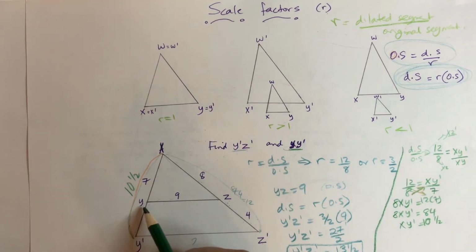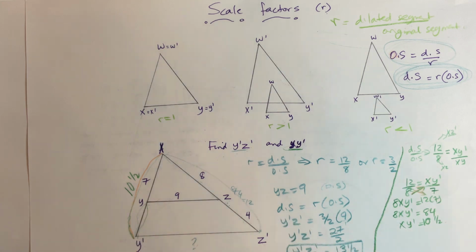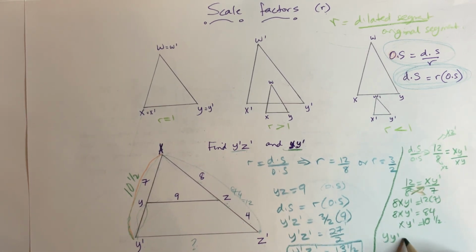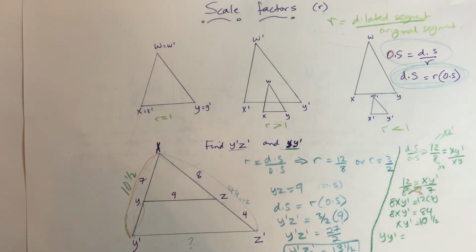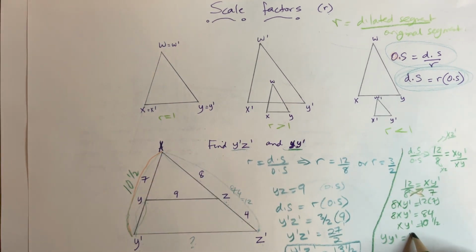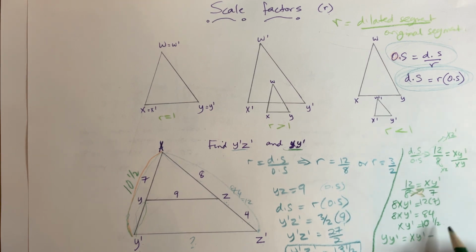Now, to get the value of this, meaning YY prime, you have your entire segment, which is your dilated segment, XY prime, minus XY.